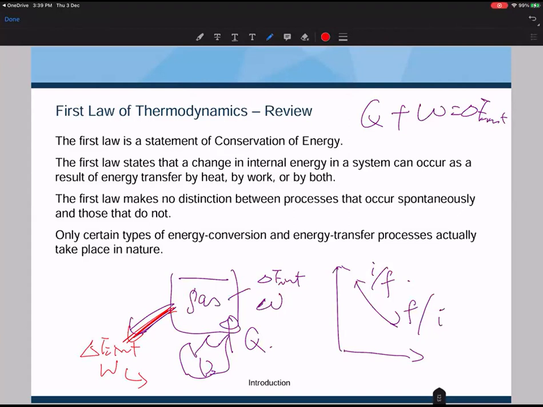Common sense tells us that this does not happen, although the first law here does not say anything about why it does not occur.